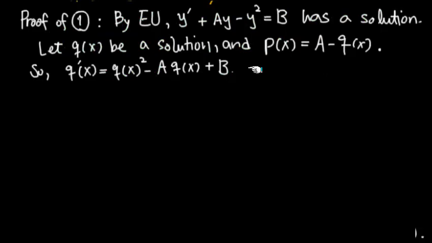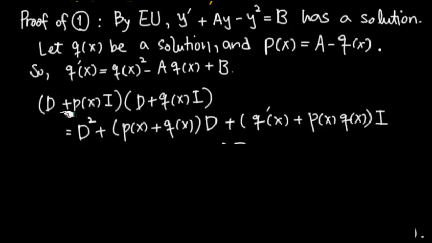The product of those two linear first-order operators requires q prime of x. Since q is a solution of this differential equation, if you isolate y prime, you get y squared on the right-hand side, negative a y with q(x) in it, plus b. So since q(x) is a solution, we have this property of q prime of x.